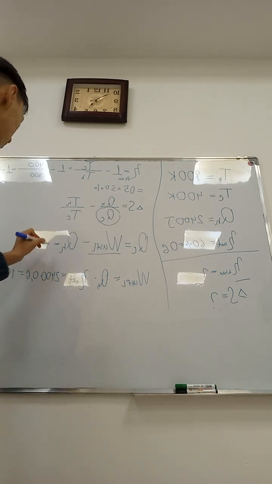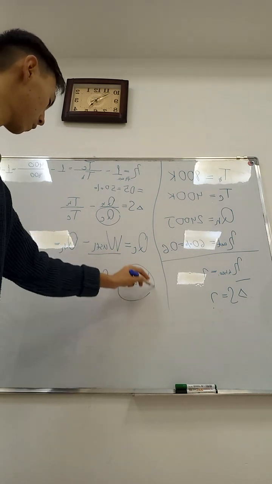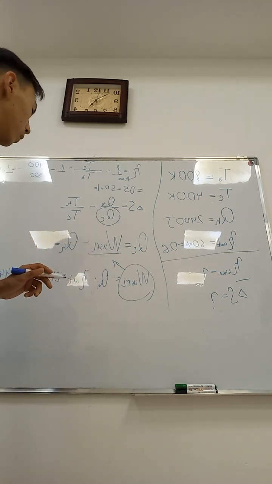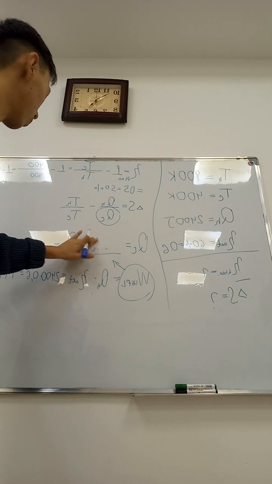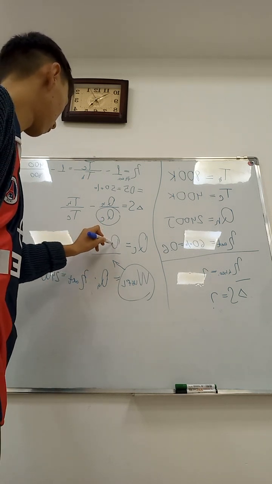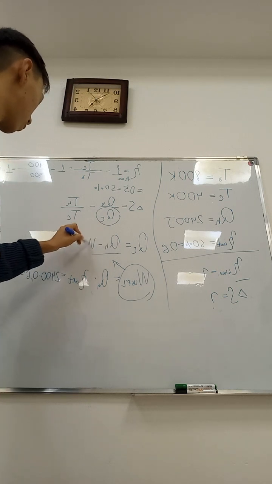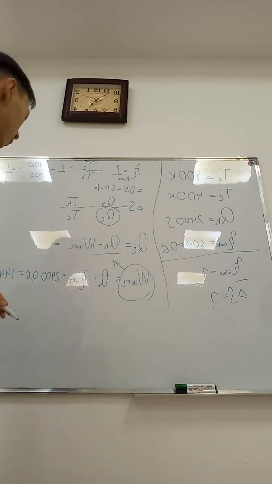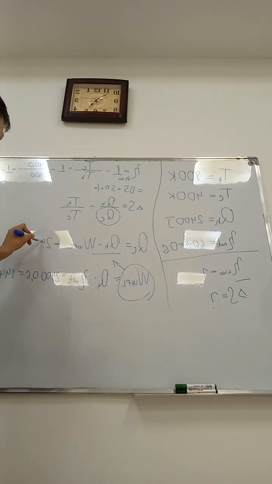And next we have this and put it here. Oh, no, it's not correct. I'm sorry. Q cold is Q hot minus useful work, and it's 2,400 minus 1,440 joules, equal to 960 joules.